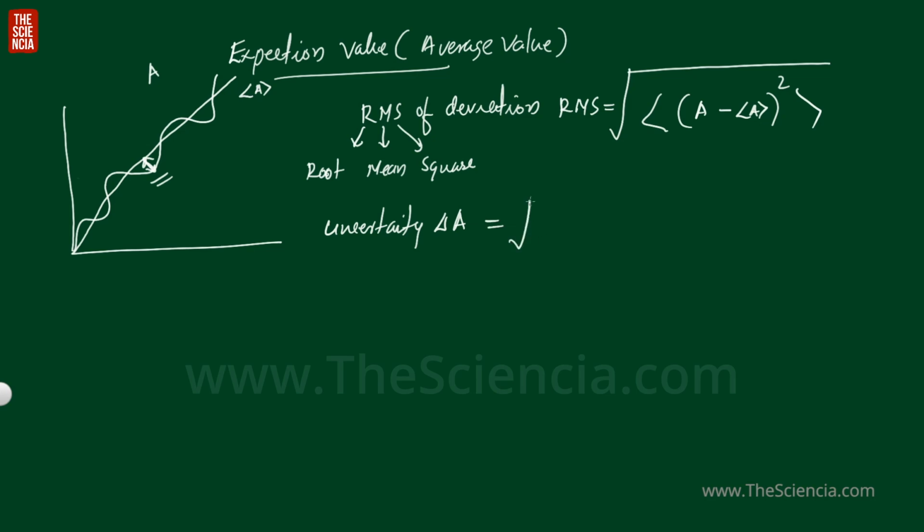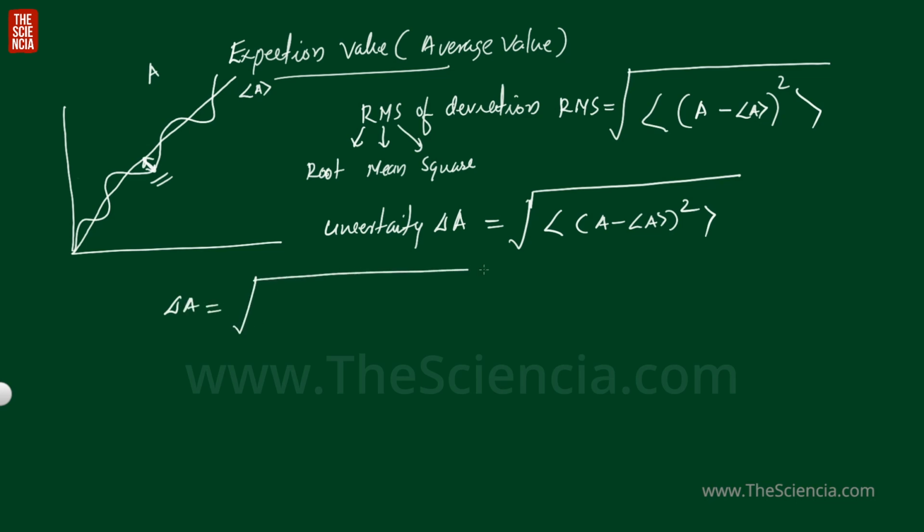That is equal to the root of the mean of (A minus average of A) all square. So I can do some mathematical manipulations. That is, I can square these terms. So what do we get? We get delta A is equal to the root of average of A square minus 2A average of A plus average of A all square. So I can take this averaging into all these quantities.